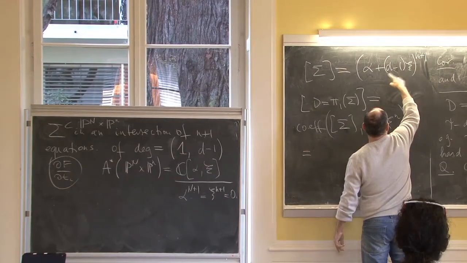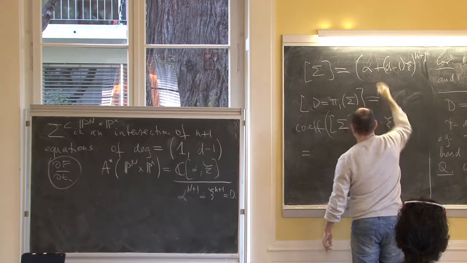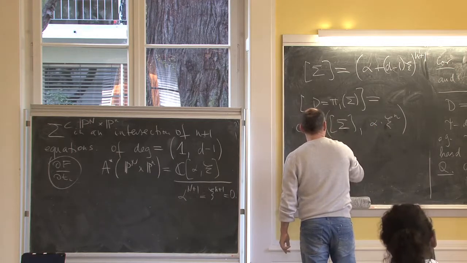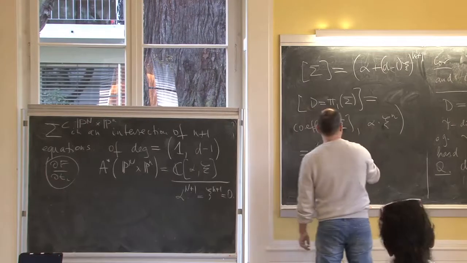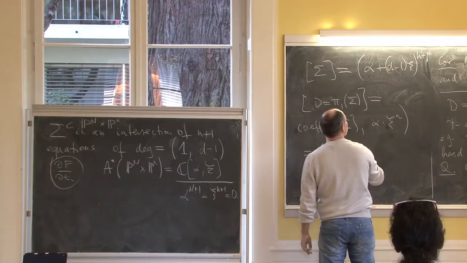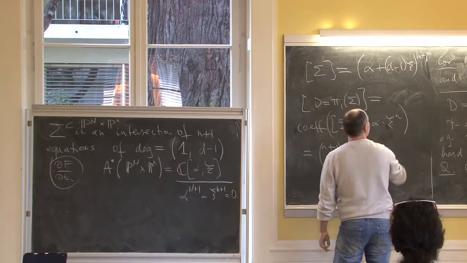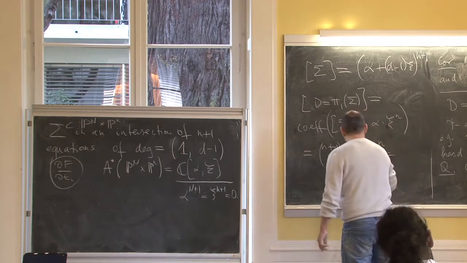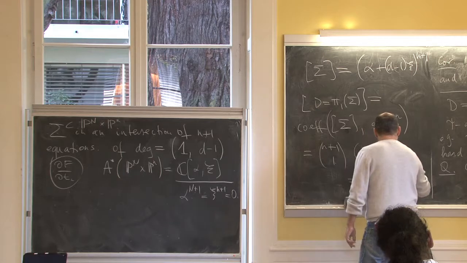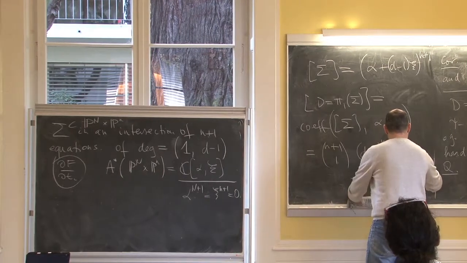So psi to the n, and then alpha. This is just the binomial form: n plus 1 choose 1, times the last term, d minus 1 to the power n. So this is just n plus 1 times d minus 1 to the power n.